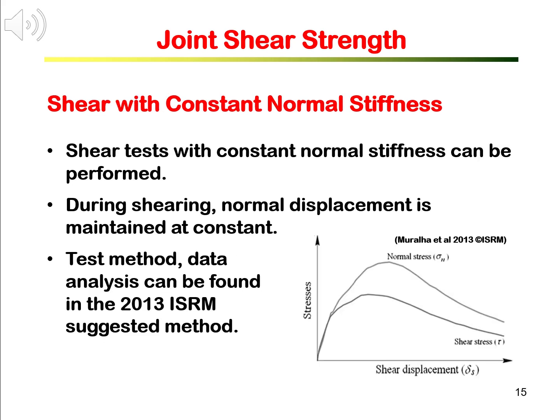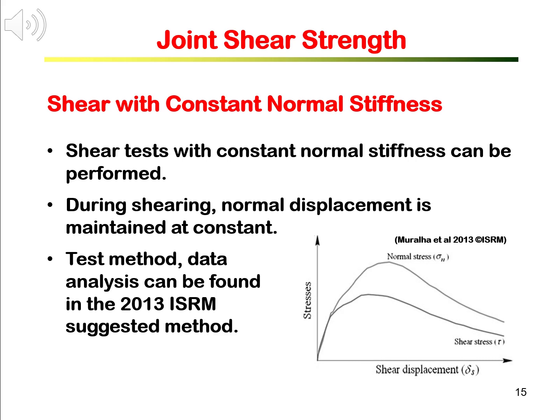The ISRM suggested method also mentioned shear strength tests with constant normal stiffness. This is to simulate the block sliding with normal displacement confined. Joint shear tests with constant normal stiffness can be performed by fixing the normal displacement at a constant.